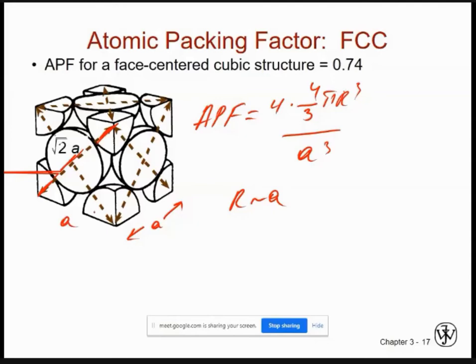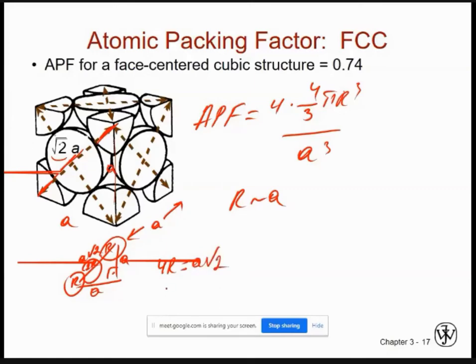So if this side is a, this side is a, this will be square root 2 a. Imagine this kind of triangle, a, a, it is 90 degrees, and it will be this. And atoms touch in this manner. So I have radius, 2 radius, and 1 radius over here. So 4 radius equals this, and a will be equal to this.